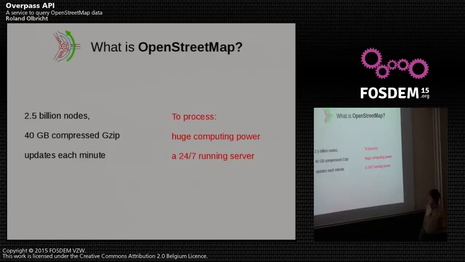If you really want to process this, you would have to run your own server with not insignificant computing power. If you just want to process the full data dump, we offer the Planet OSM, which is produced roughly once per week. And it's not unusual to need 24 hours to get this into a relational database.